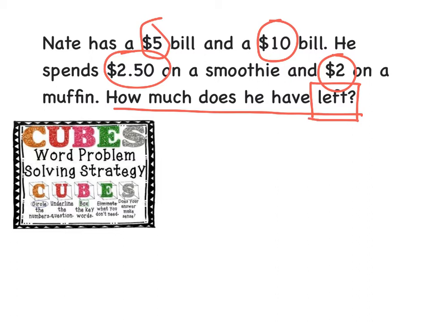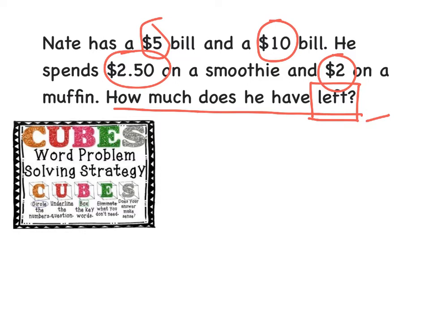Left is important because that tells me I'm going to be doing some sort of subtraction somewhere in here. And there's nothing that I really need to eliminate here. If they had added something like it took him 30 minutes to buy these items, that would be extra and unnecessary. But there's nothing too unnecessary here, so now we can solve and see if our answer makes sense.